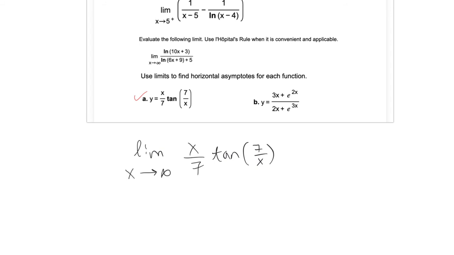Well, when we plug in infinity right away, we're going to have infinity over 7 times this number. Now, as this approaches infinity, that would turn this into a 0, because anytime you have a bottom-heavy fraction like that, where there's infinity on the bottom, then that's 0.